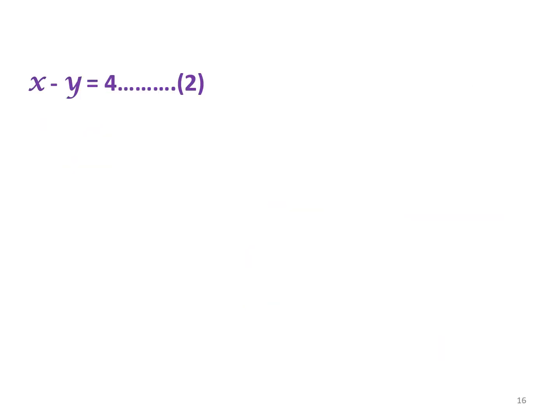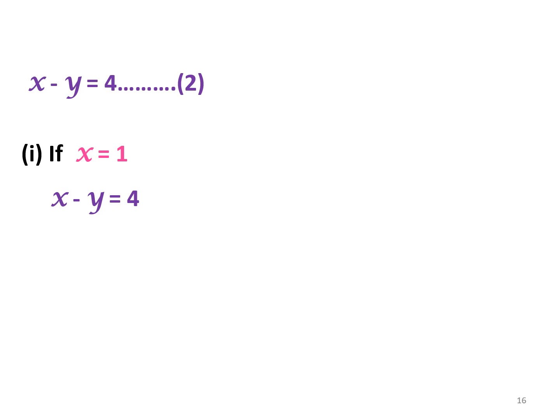Now the next equation, x minus y is equal to 4. Again we shall take three different values of x. It is not necessary to take x, you can take the value of y also and then find the resultant x value.